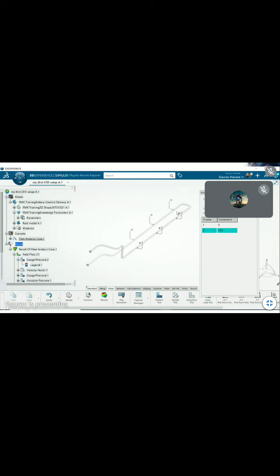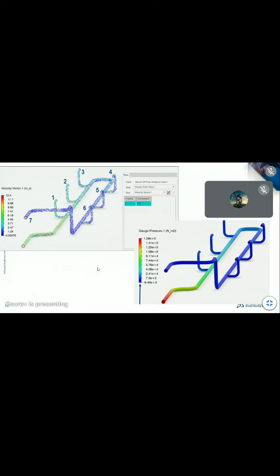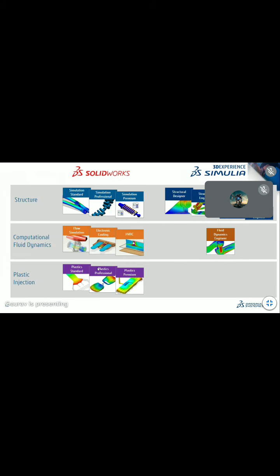So you can model it in SolidWorks, export it to the cloud platform, and then run the analysis to check the results. And finally, I would like to summarize that these are the analysis tools which you can leverage for your new product development, starting from your desktop SolidWorks portfolio to the high-end cloud simulation portfolio, which is 3DEXPERIENCE.